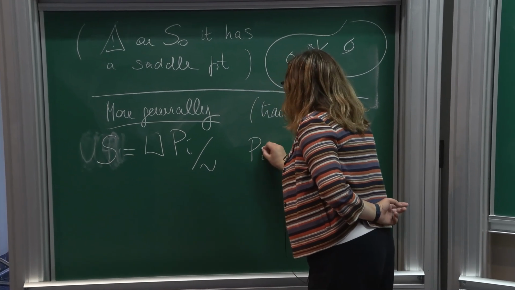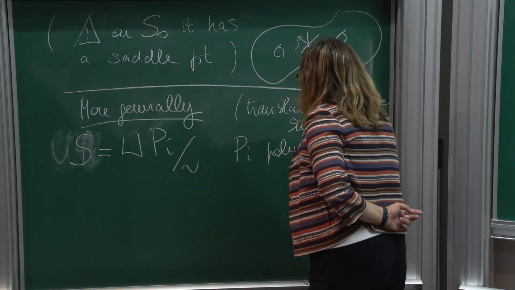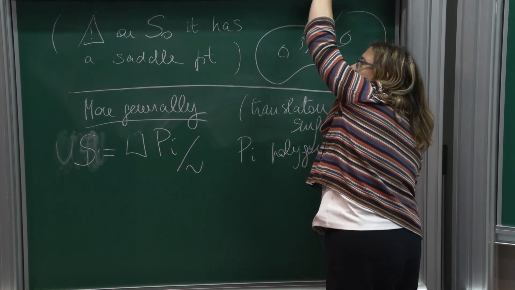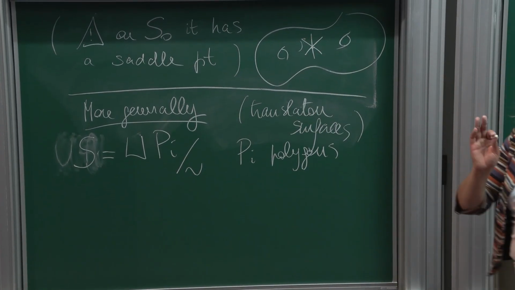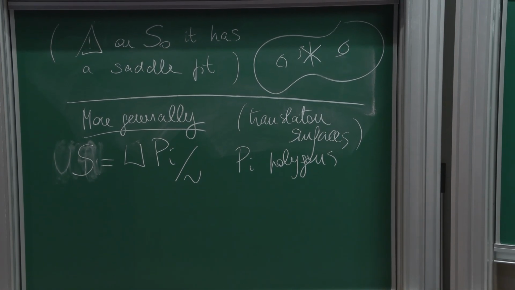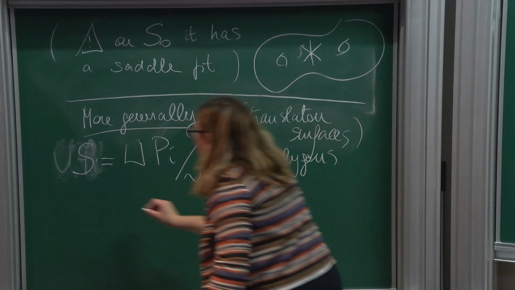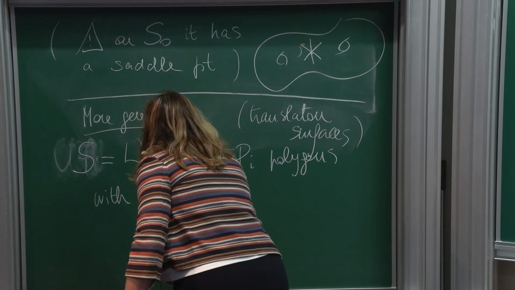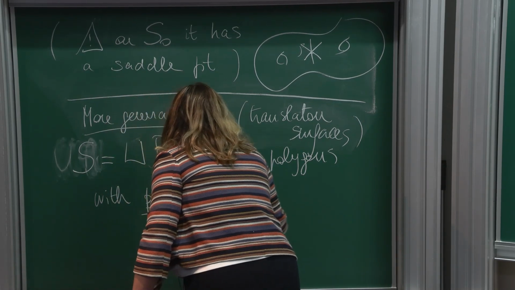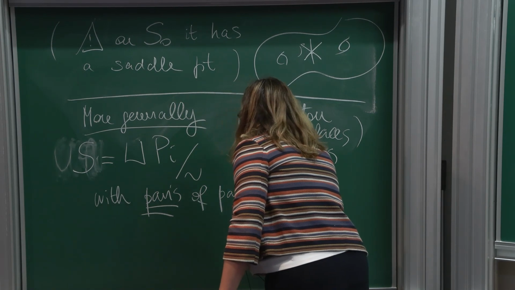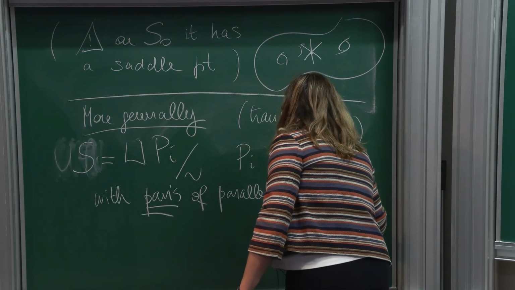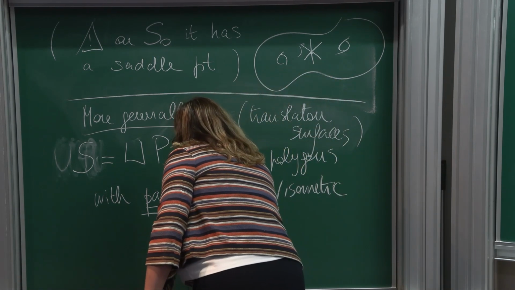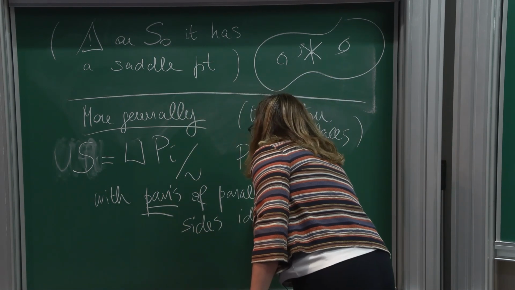And you assume that pairs of parallel isometric sides of these polygons are identified by translations.